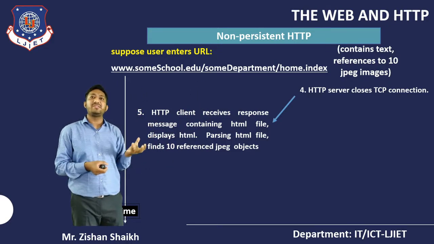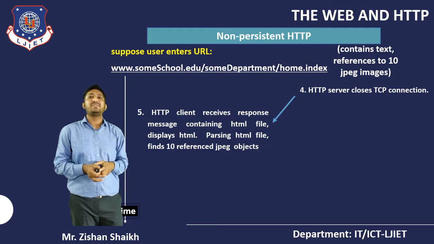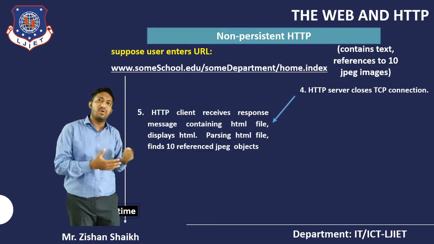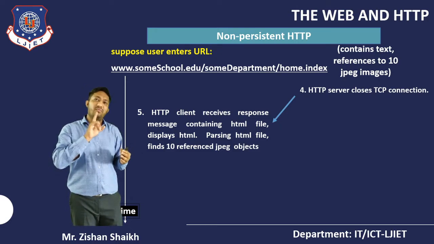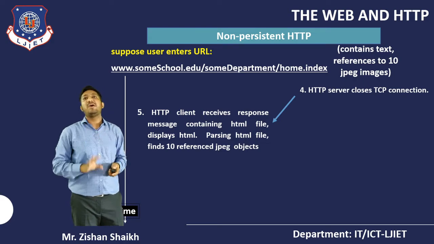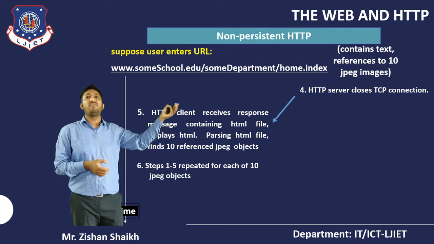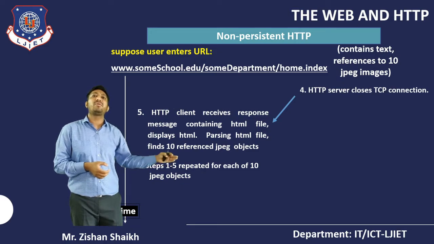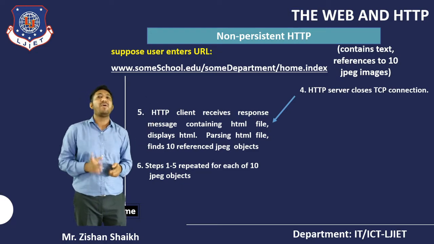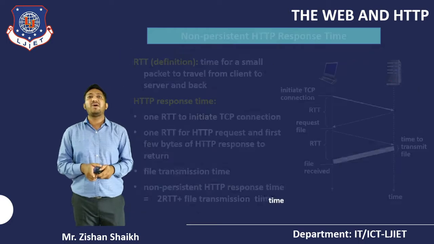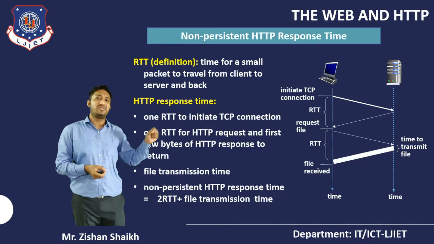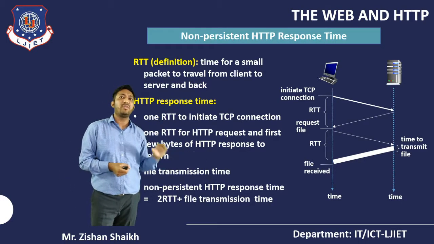The HTTP client receives the response message that contains the HTML file, but only one image is downloaded. So for each and every data item we want to download, we have to repeat steps 1 to 5. This is how non-persistent HTTP follows the steps.